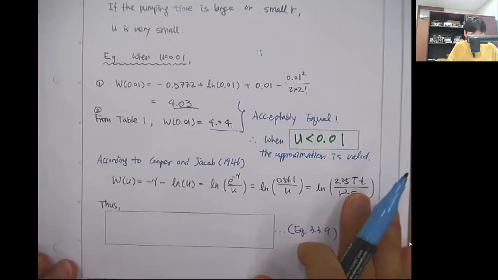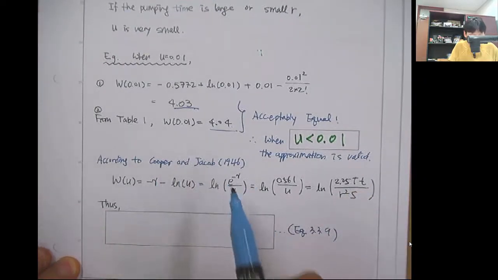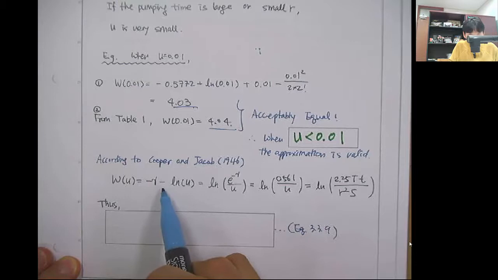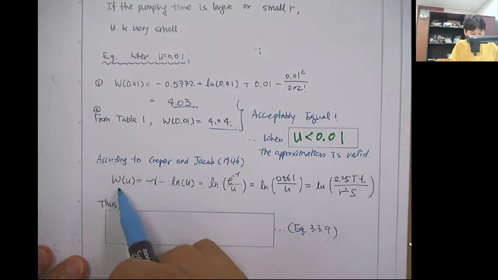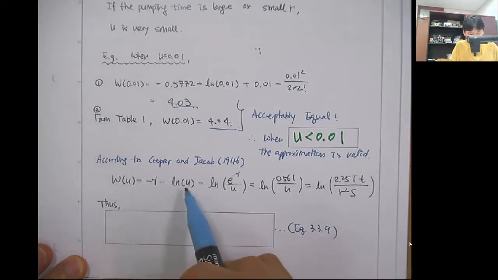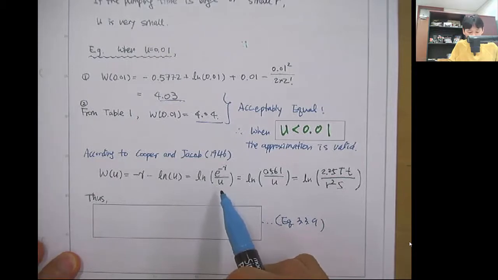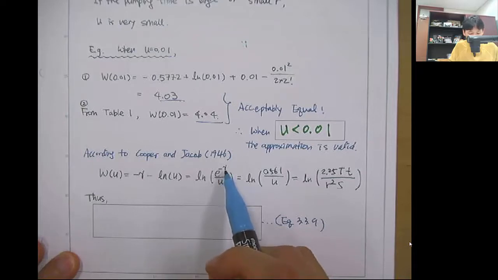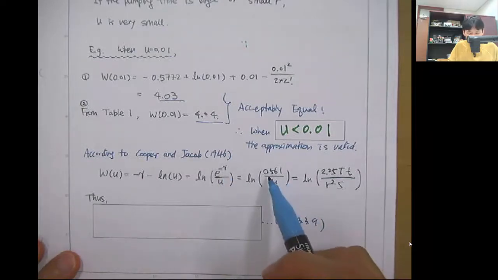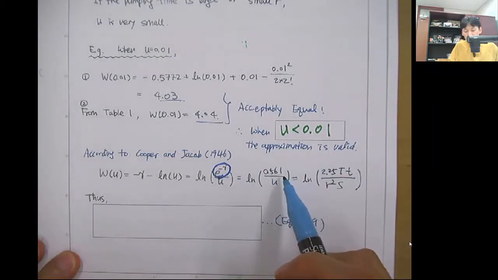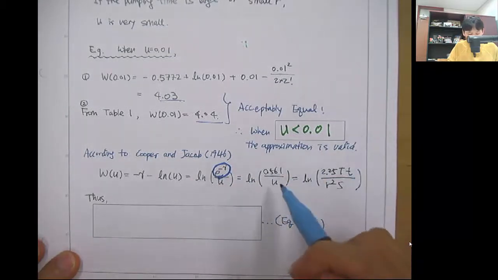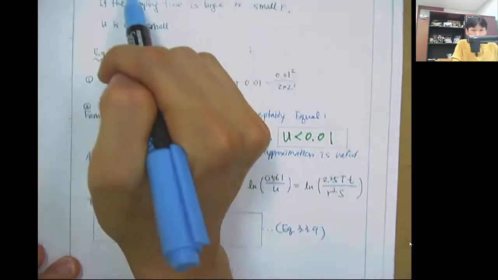So according to Cooper and Jacob, they suggested that we can just use the first term and the second term as an approximation, so that the w is minus gamma minus ln u, and then this can be included in the logarithmic function e to the negative gamma over u, and here the gamma, we know the gamma, right? So then we can calculate this part, which is 0.561 over u, and u is here.